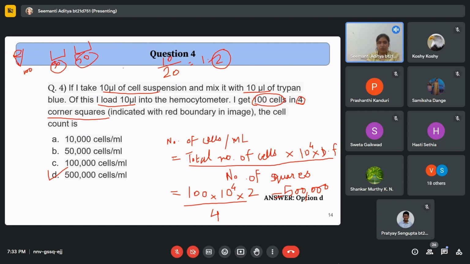But dilution, where you are adding 10 microliter of suspension and 10 microliter of trypan blue, that is 1:2 dilution because here the total volume is 20 microliter.